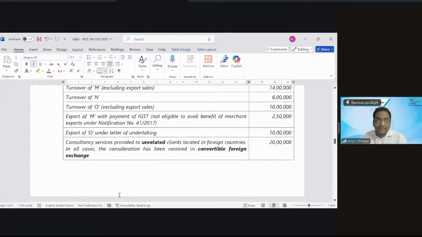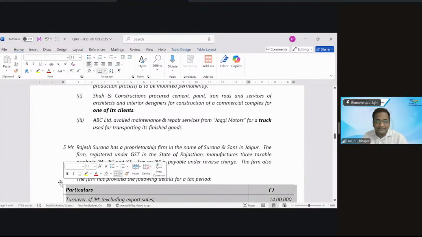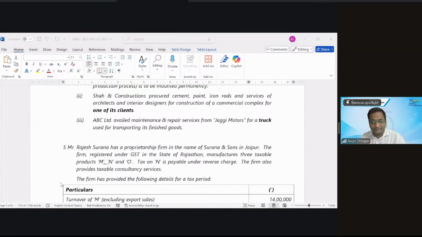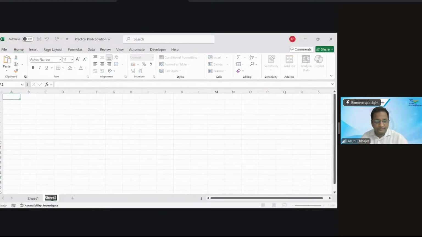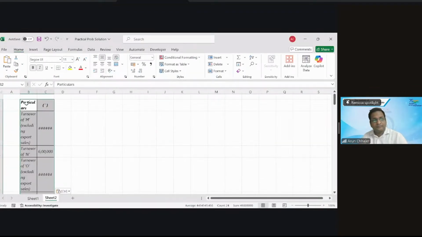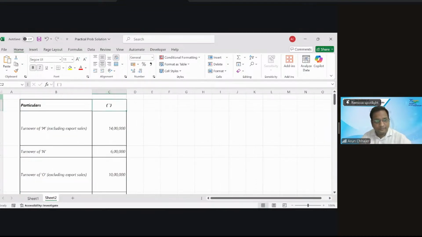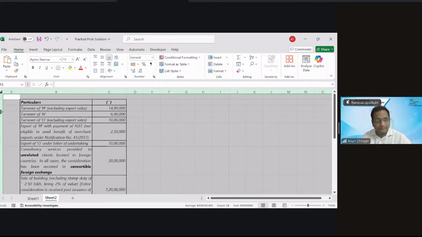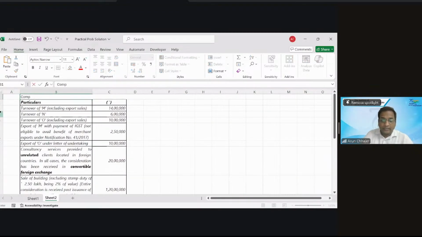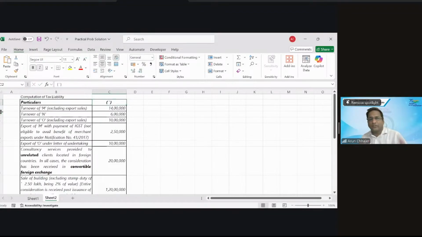First, we will calculate the total liability. Computation of tax liability. So I'll just copy paste so that we can do it slightly faster.